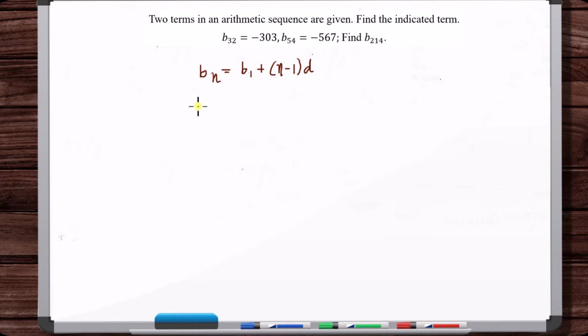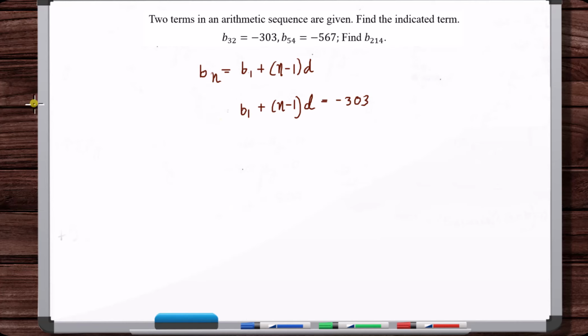Okay, so b sub 32 is equal to b sub 1 plus n minus 1 times d, and this is equal to minus 303.